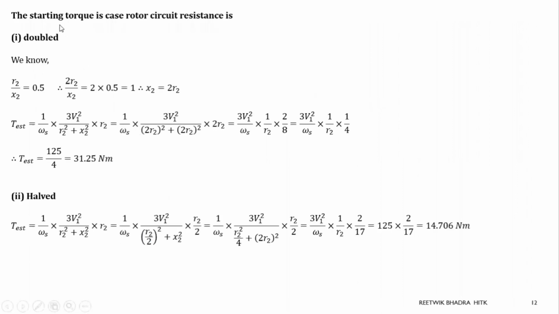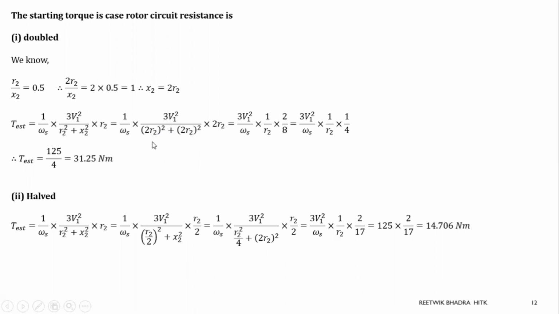Next, we have to calculate the starting torque if the rotor resistance is doubled. If your rotor resistance is doubled, R2 by X2 equal to 0.5 was our relation, so multiply both sides by 2. You get twice rotor resistance over X2, equal to 2 into 0.5. So from here, X2 is equal to twice R2. Substitute this X2 equal to twice R2 over here, twice R2 whole square. Now this R2 has already been doubled, so it will be doubled over here too, twice R2 square.